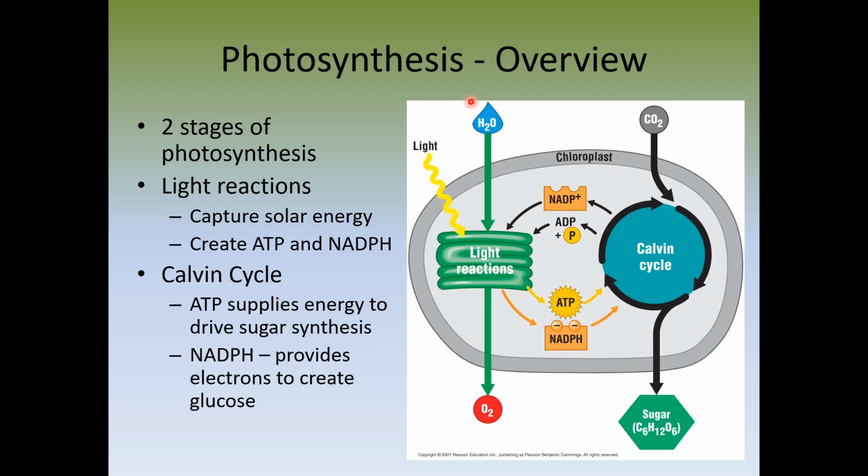So when we think about photosynthesis now, the energy in the light is hitting the chlorophyll in these light reactions. And the chlorophyll is essentially capturing that solar energy to create ATP. Now the Calvin cycle takes that ATP and uses the energy in it to link carbon dioxide into sugar.